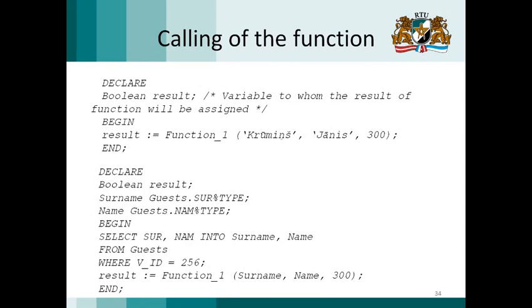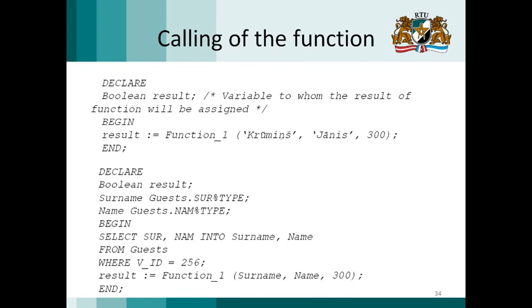And then we acquire these variables, surname and name, from the table guests, where this guest identifier is equal to some number, for example. This must be a unique number, no more than one of these numbers should be in this table for this query to work.